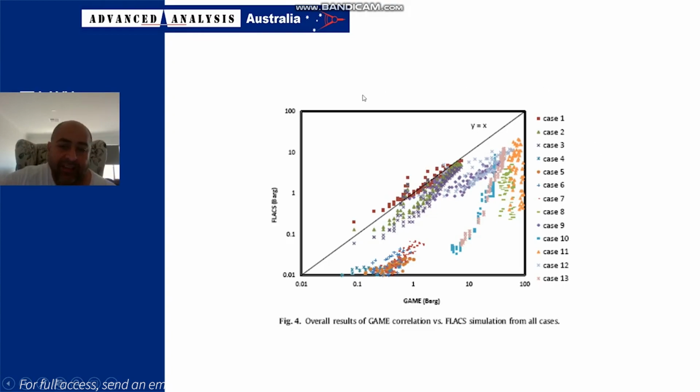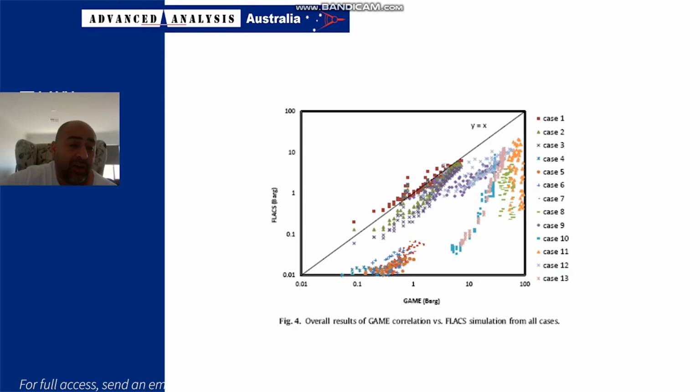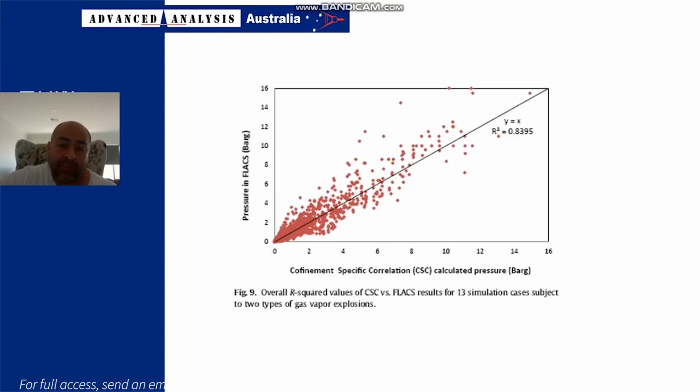Had there been a correlation between the 2 methods, then all of these points would be sitting on the line. Obviously, they're not. The R squared between the 2 was 0.3. By comparison, one of the PhD students out of UWA came up with a much better method.